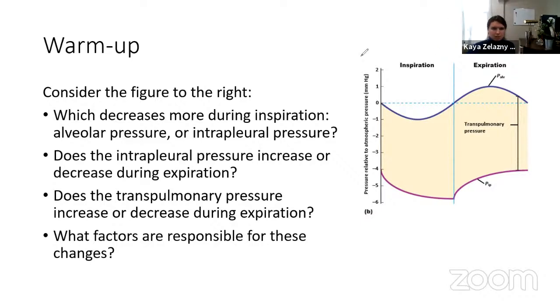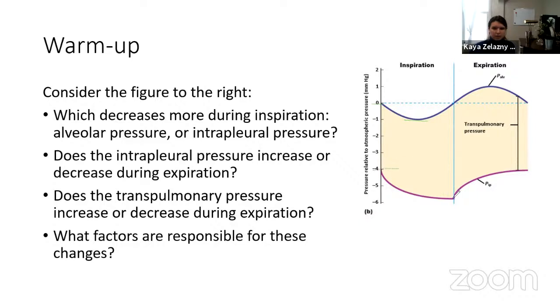Okay. So when we look at our diagram, the first thing I asked was which is decreasing more, the alveolar pressure or the intrapleural pressure? To figure that out, we might look first at our alveolar pressure. It goes from 0 to -1 during inspiration, so it goes down 1. Then we might look at our second line for our intrapleural pressure.